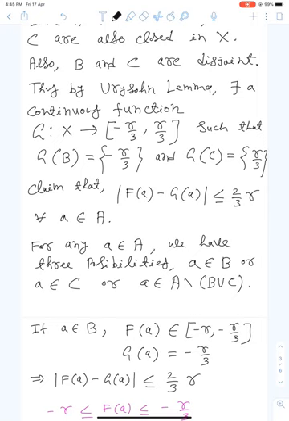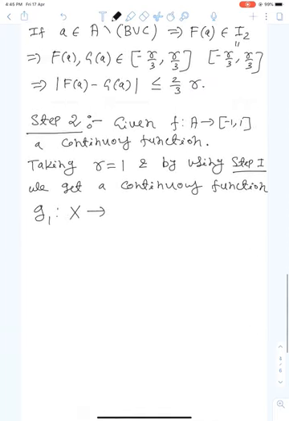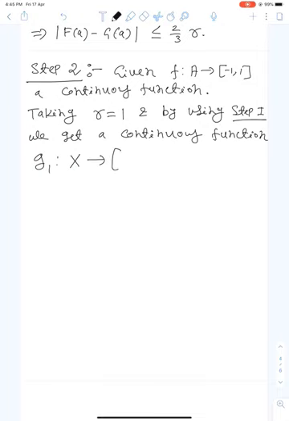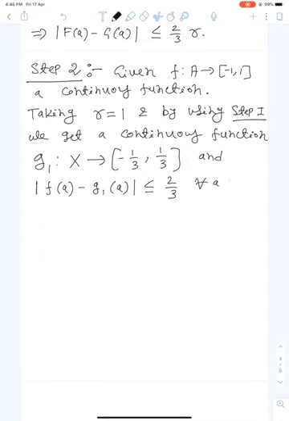So we get a g1 from x to minus 1 by 3 comma 1 by 3, and mod of f of a minus g1 of a is less than or equal to 2 by 3 into r, where r is 1, so it is just 2 by 3 for all a belongs to A. Fine.